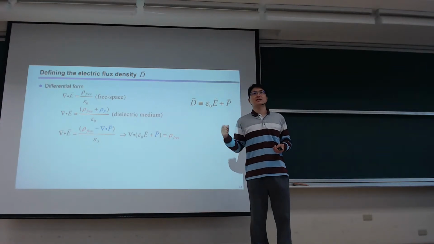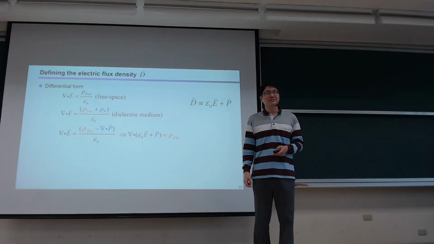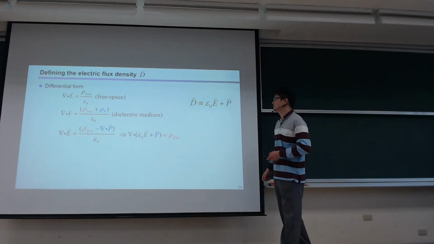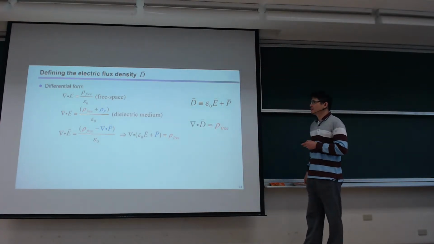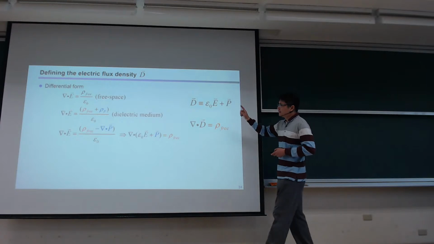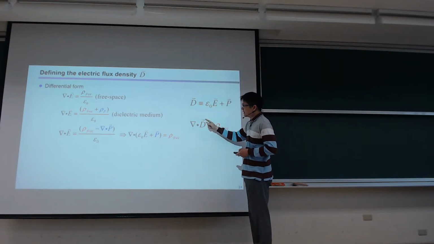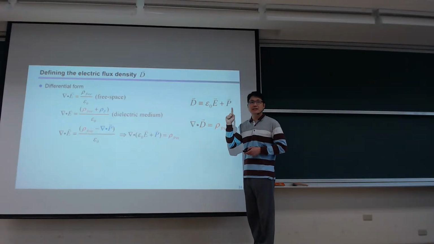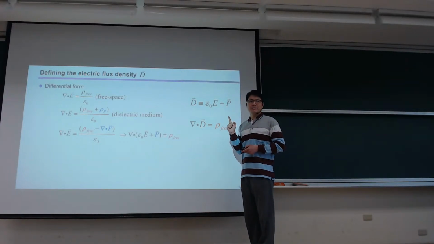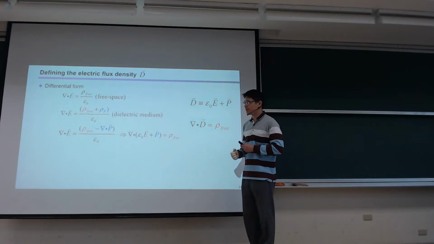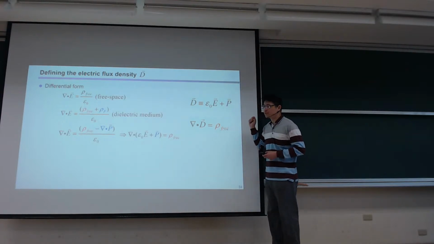So you don't have to write so many things. Now, by this definition, divergence of D, this D is called the flux density. The electric flux density is a vector. It's equal to rho free.